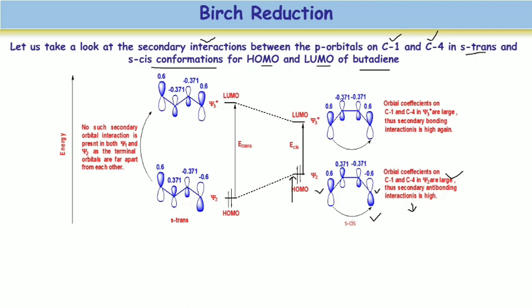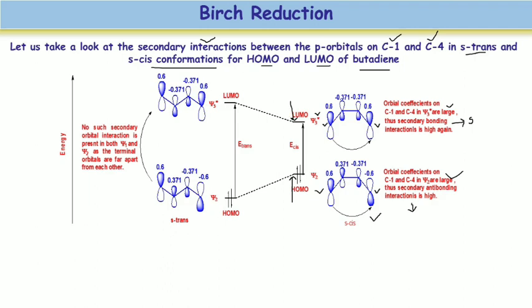Now if you look at the LUMO, that is Psi3 star, here the orbital coefficients on carbon 1 and carbon 4 are also large. Thus the secondary bonding interaction is high again. As secondary bonding interaction is a stabilizing factor, it will lower the energy of Psi3 star.